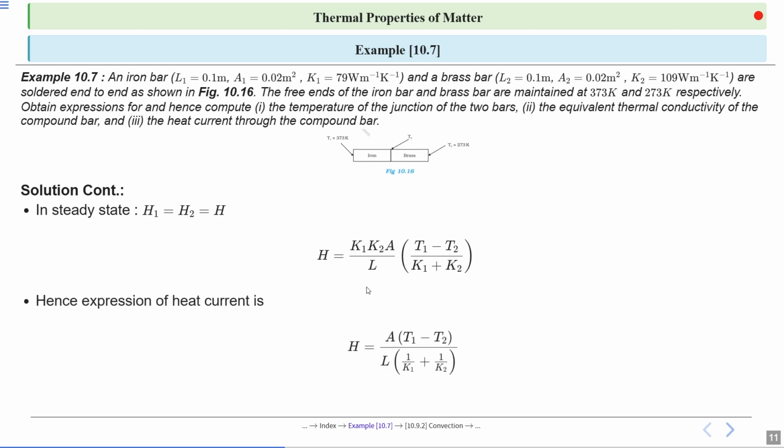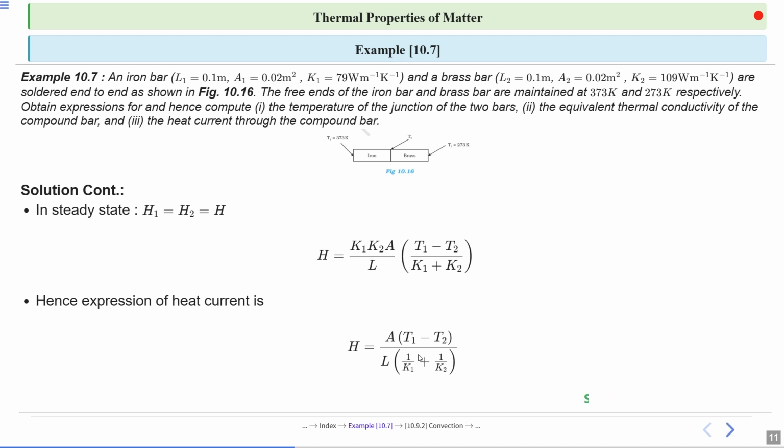Hence the expression of the heat current is H is equal to A (T1 minus T2) divided by L into (1 upon K1 plus 1 upon K2). We rewrite the above equation in simple terms to solve easily.